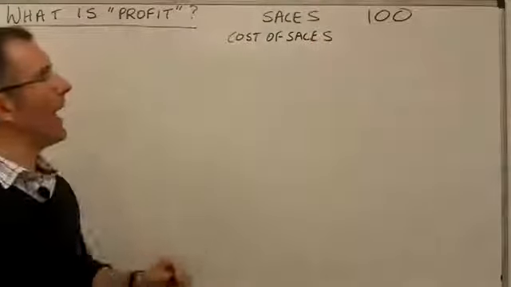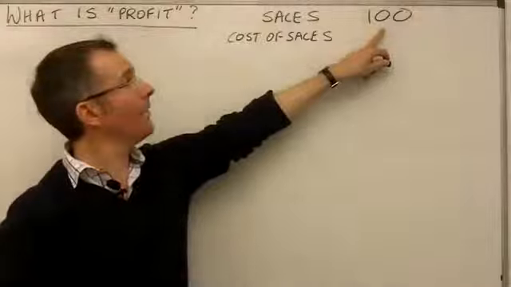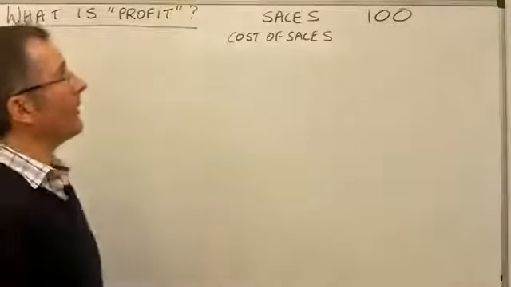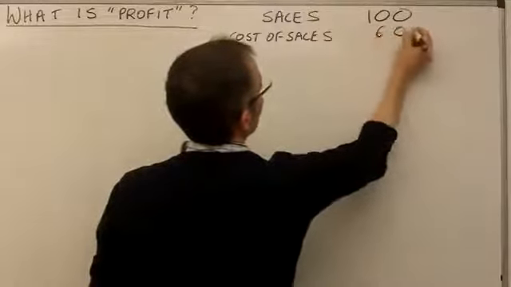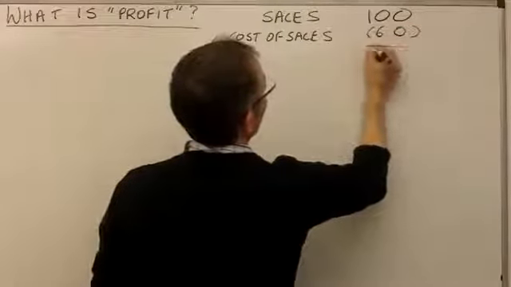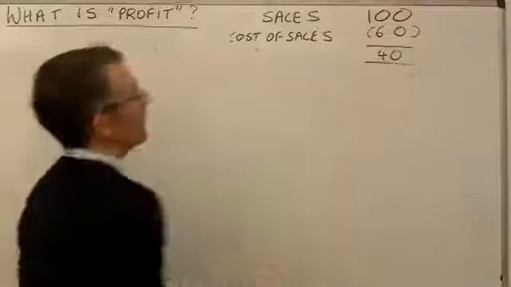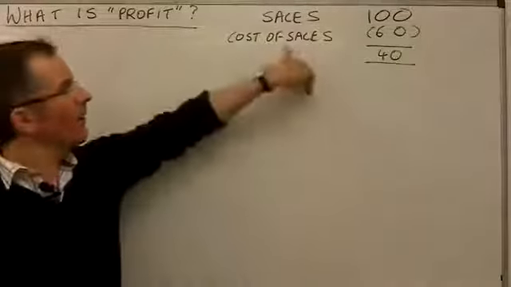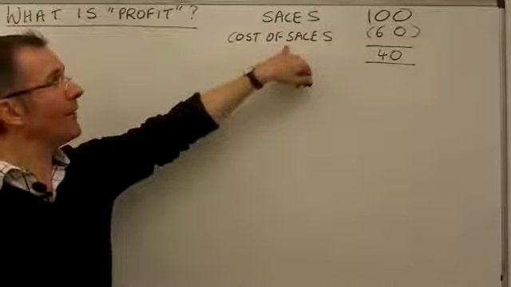So in a profit and loss account, the sales figure's nice big positive number at the top, and just below it there's a deduction for what are called cost of sales. Now let's say here that's 60, meaning if we take that away the balance is 40. Now, cost of sales, that's the direct cost of making sales.